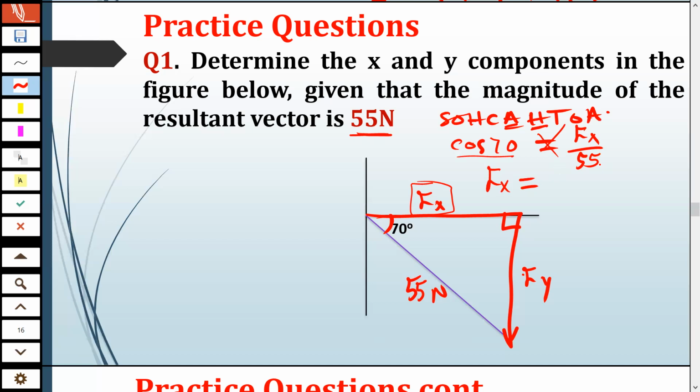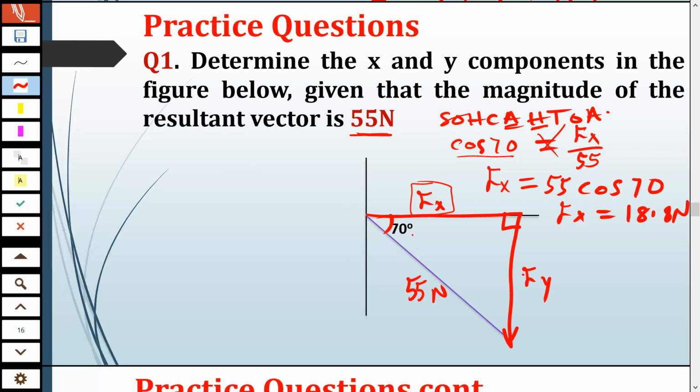So we're saying 55 cos 70. The force in the x is therefore equal to 18.81, so 18.8 newtons. We do the same for the force in the y.